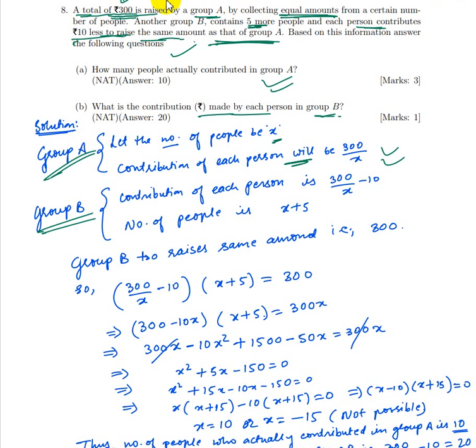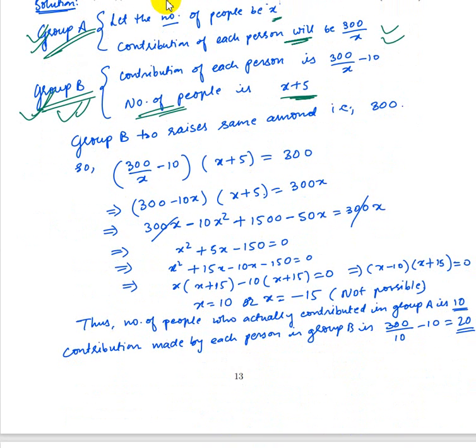So the contribution of each person in A was 300 upon x, and in B it is 300 upon x minus 10, because they are contributing 10 rupees less. The number of persons will be x plus 5, because group A has more money per contribution, and group B has more people contributing.